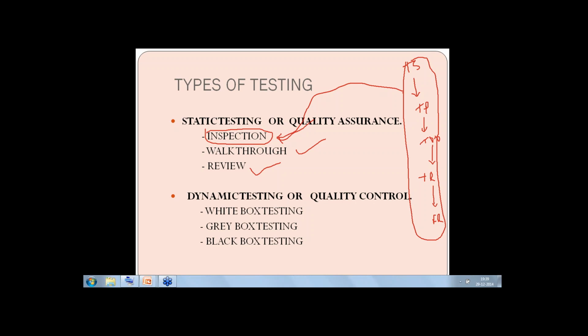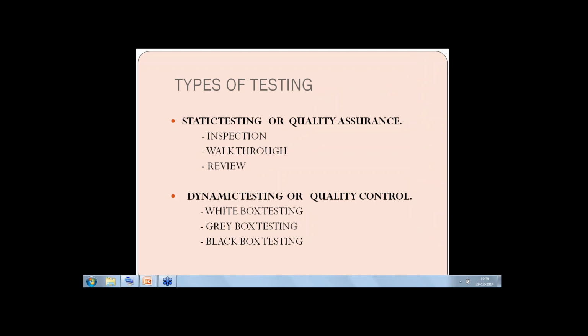In your static testing process, you are supposed to do inspection, walkthrough, and review of the documents. First things first, you need to do the walkthrough, because walkthrough is a process, as I told you, in which you review the documents during the process of making them. So you have to finish your walkthrough first, then you need to do review.